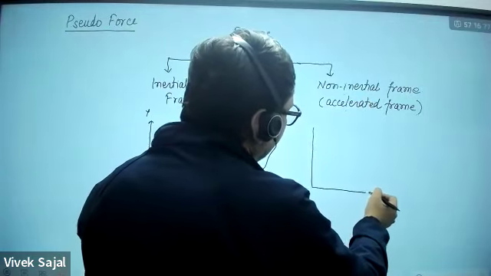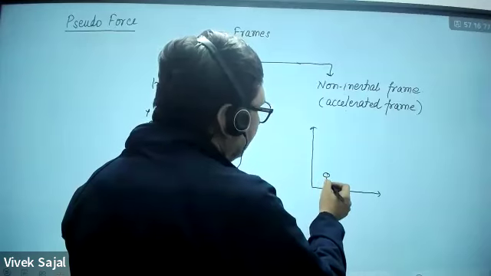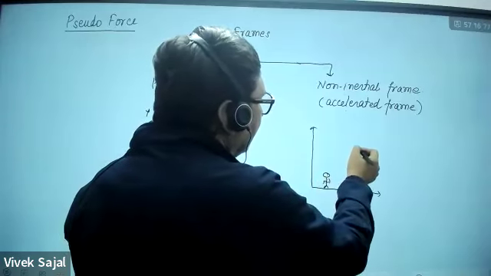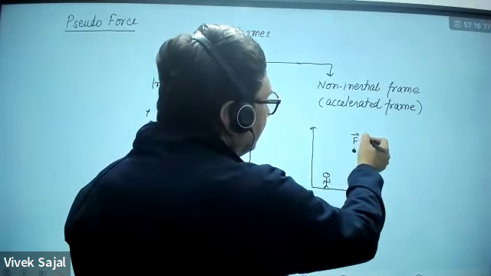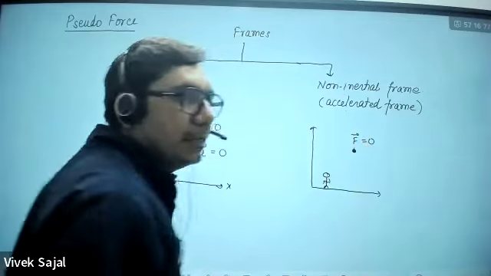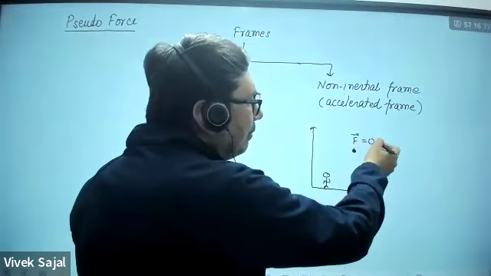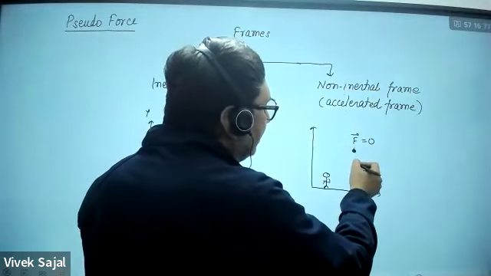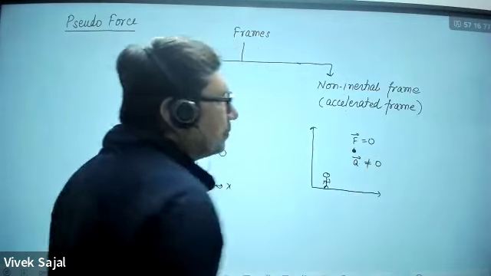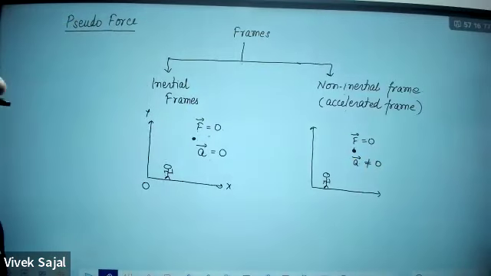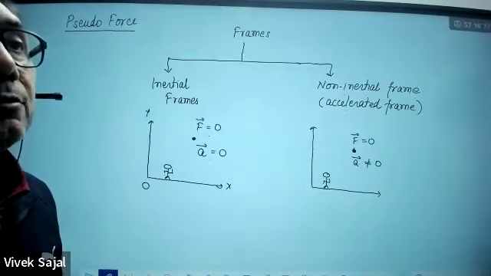Suppose this is a frame, and an observer is here, and he observes that in this frame there is an object on which net force is zero, no force is acting on it, but even after F is zero, its acceleration is non-zero. Then this type of frame is called a non-inertial frame.